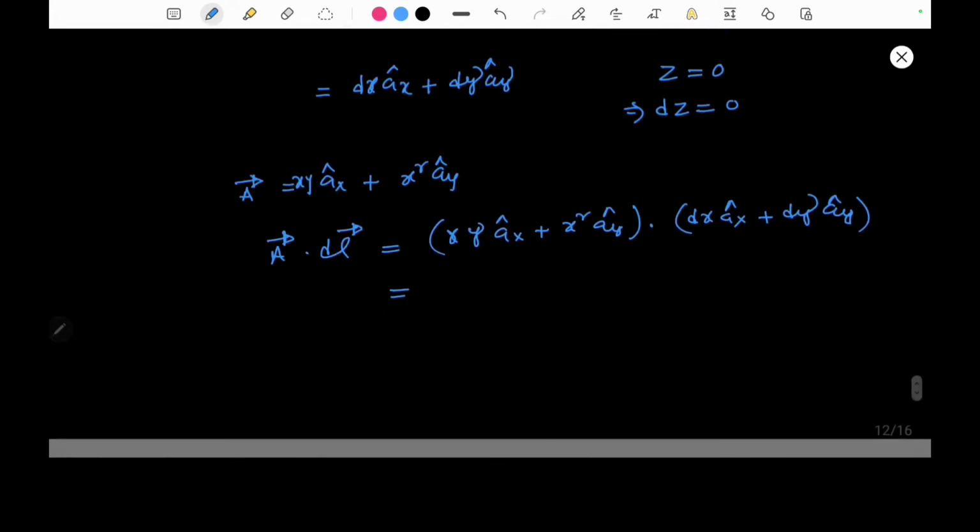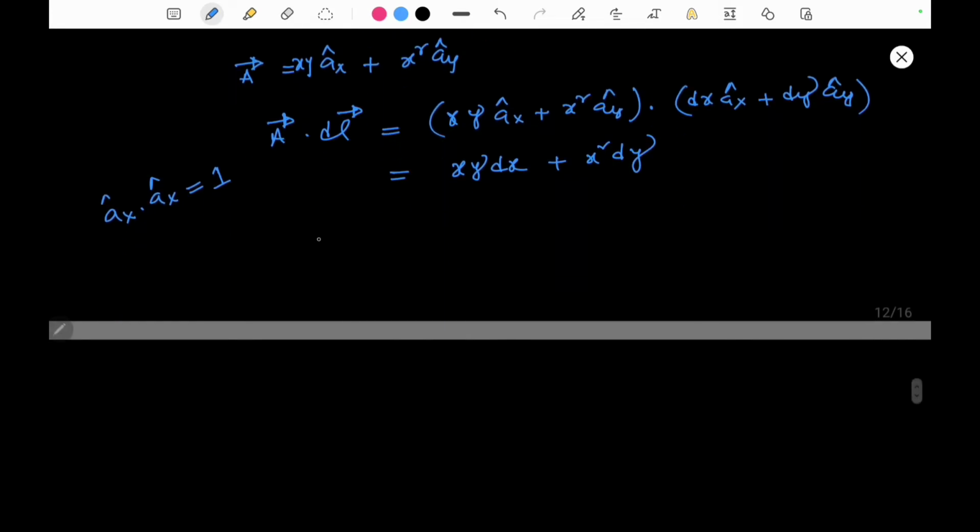Now here we know that the dot product will be like ax cap dot ax cap, if like that it is there, so it will be 1. Okay, so here we can write xy dx plus x square dy. Okay, so now we can write the closed integration again, A vector dot dl vector. This we need to find out.